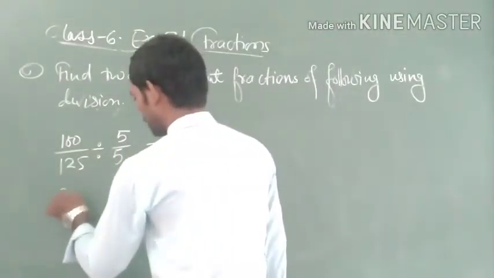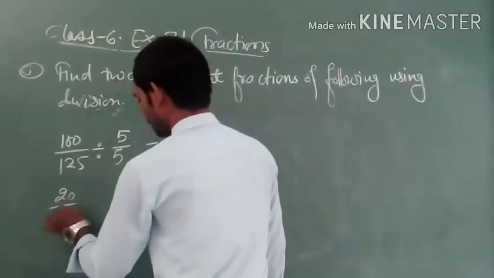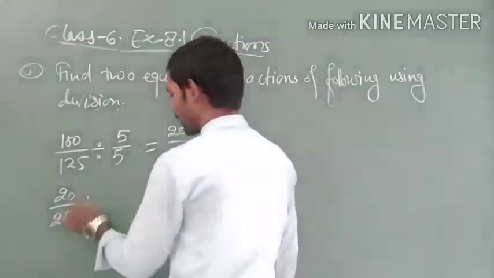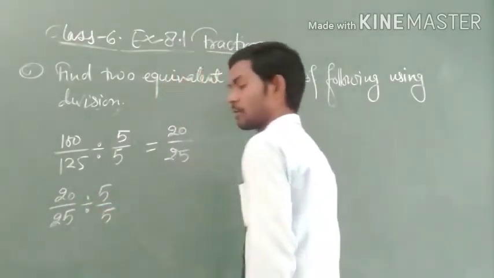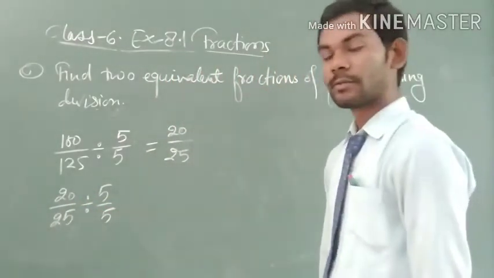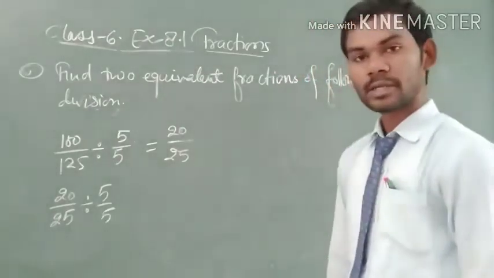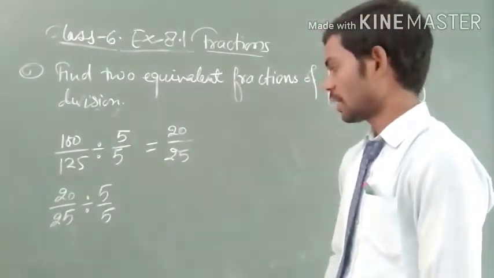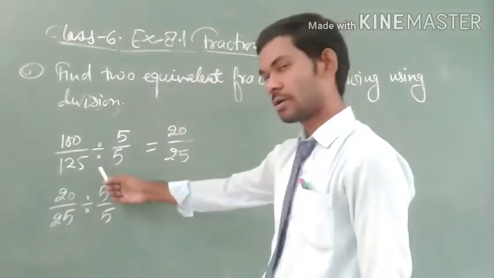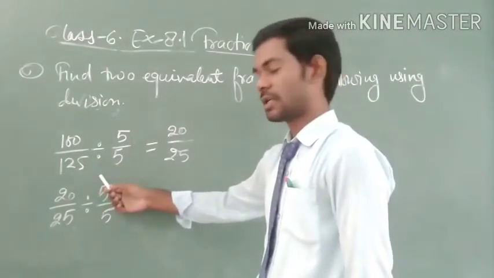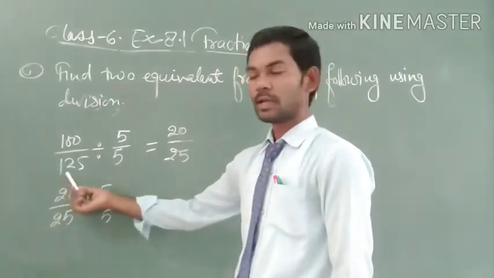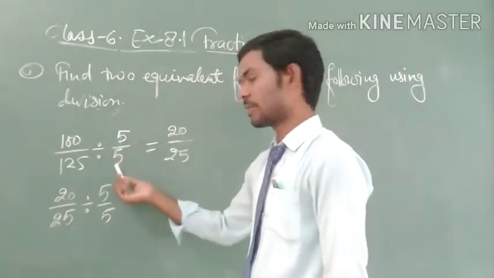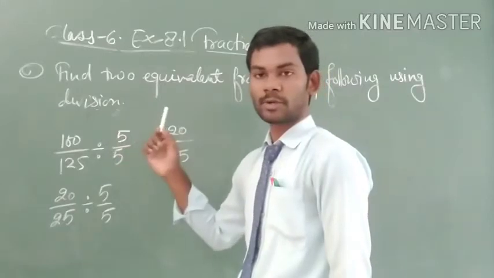Now we divide 20 upon 25 again by 5. Why are we dividing by 5 again? Because there is a logic. As we saw in the first step, the denominator of the fraction is divisible by 5, therefore we divided by 5 in numerator and denominator.